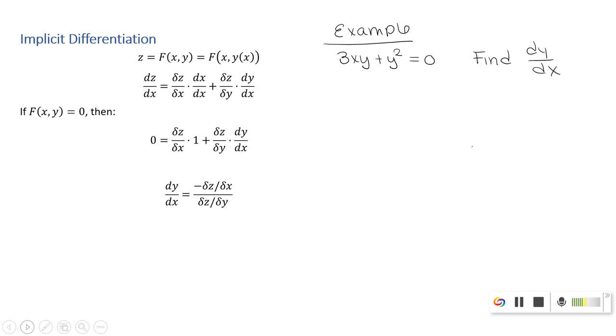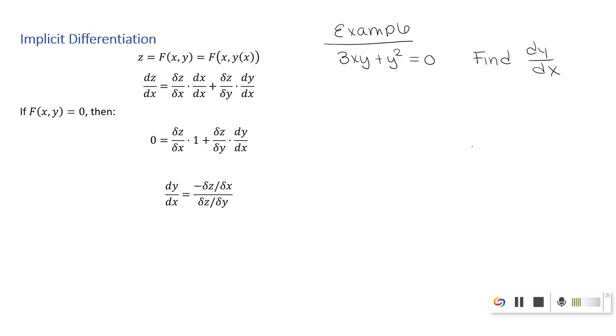So let's start out by saying we have some function z, which is a function of two variables x and y. But we're going to extend this idea, and we're going to say that y is actually a function of x, because that's what we're assuming when we do these implicit differentiation problems. Okay, so just applying my chain rule to z to find, say, dz dx.